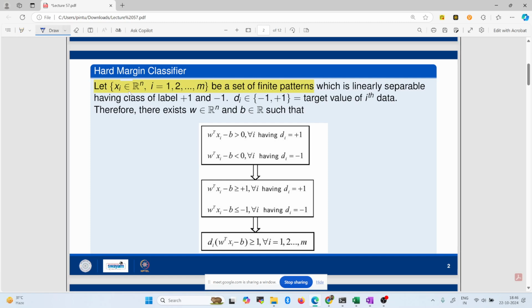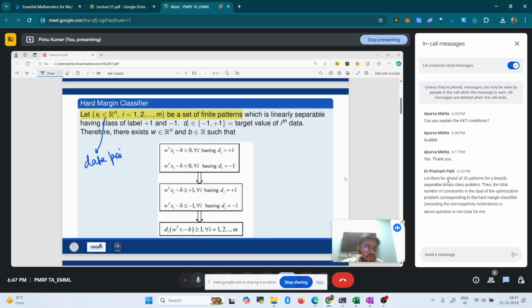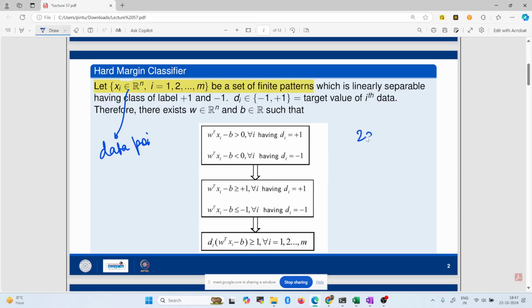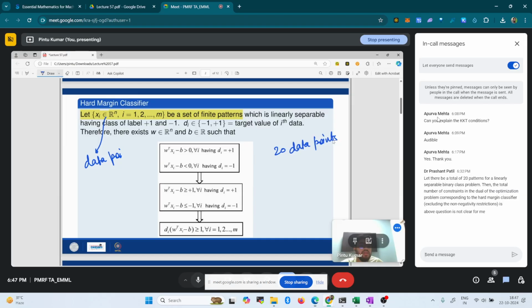In this question, what patterns mean actually is data points. So when the question says let there be 20 patterns for a linearly separable binary class problem, you have 20 data points.